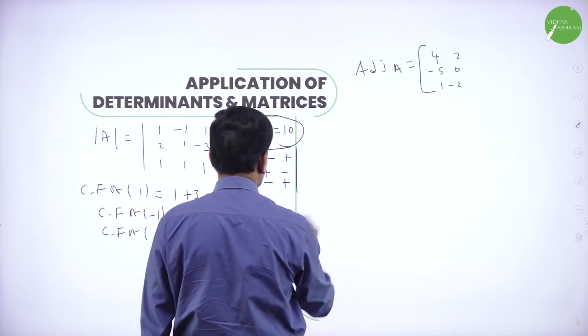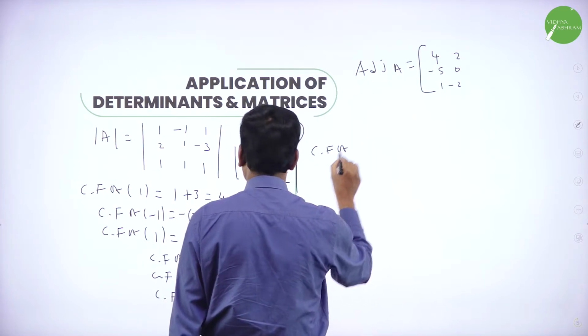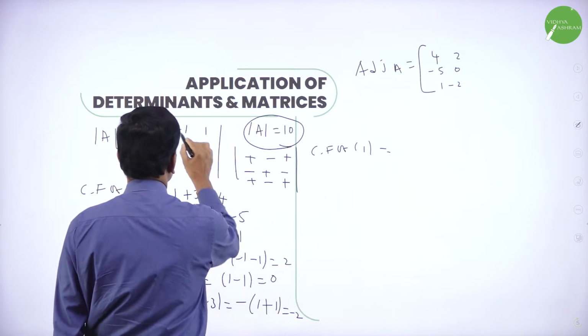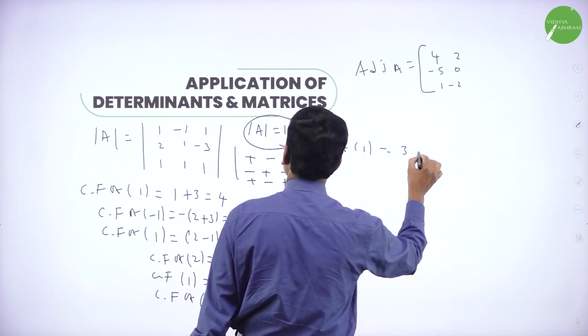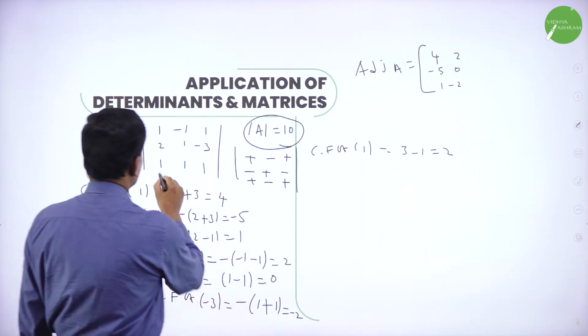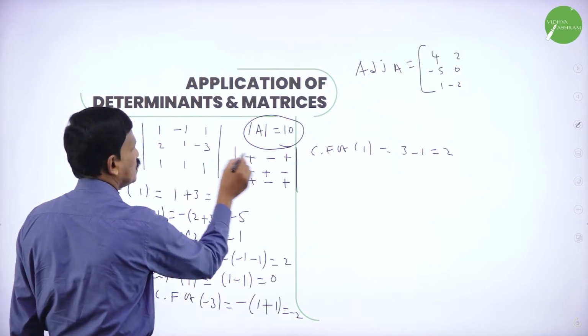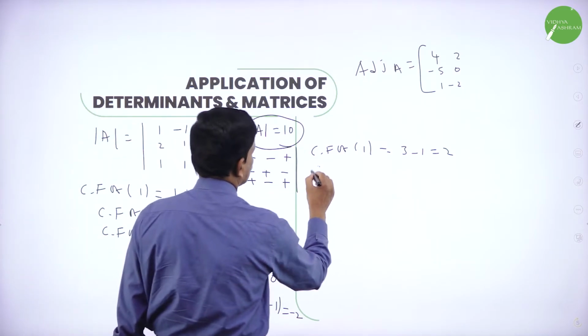Now come to the third row. Cofactor of 1. So this is gone, minus into minus plus, 3 minus 1, this is 2. Come to this element.